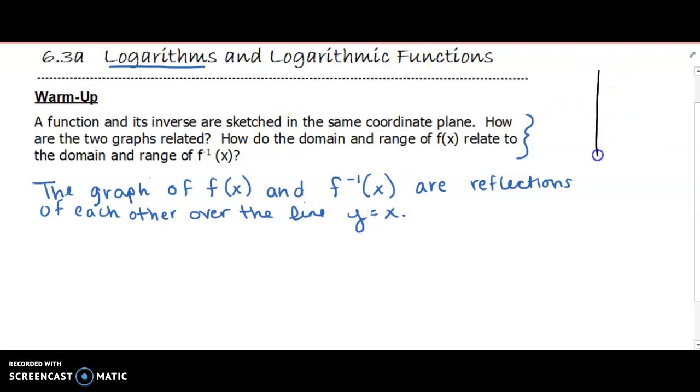If I have a coordinate plane, the line y equals x is right here. So a function and its inverse are reflections over this line.